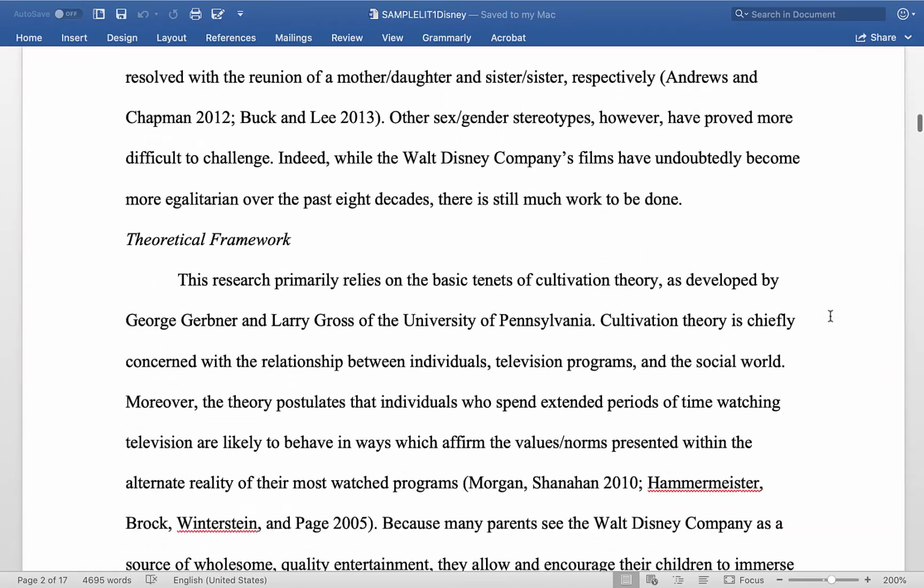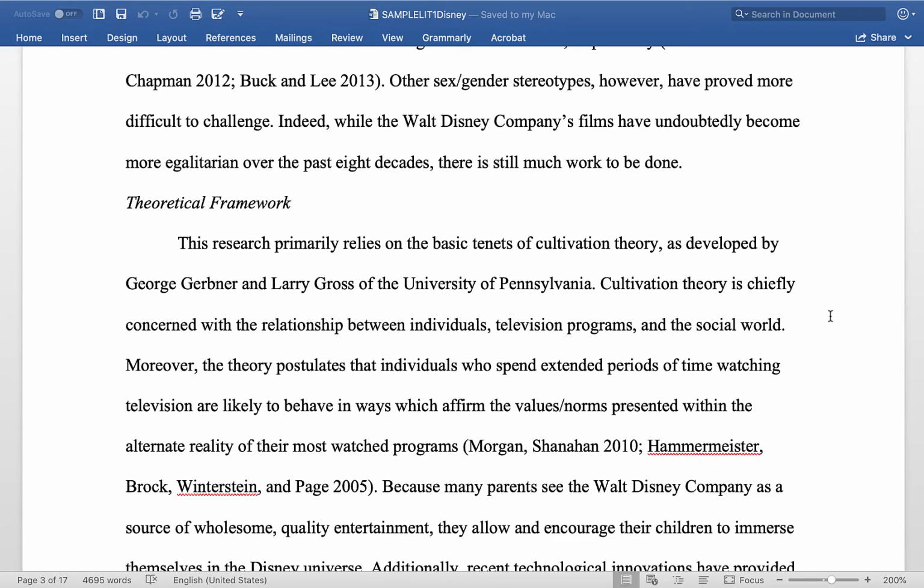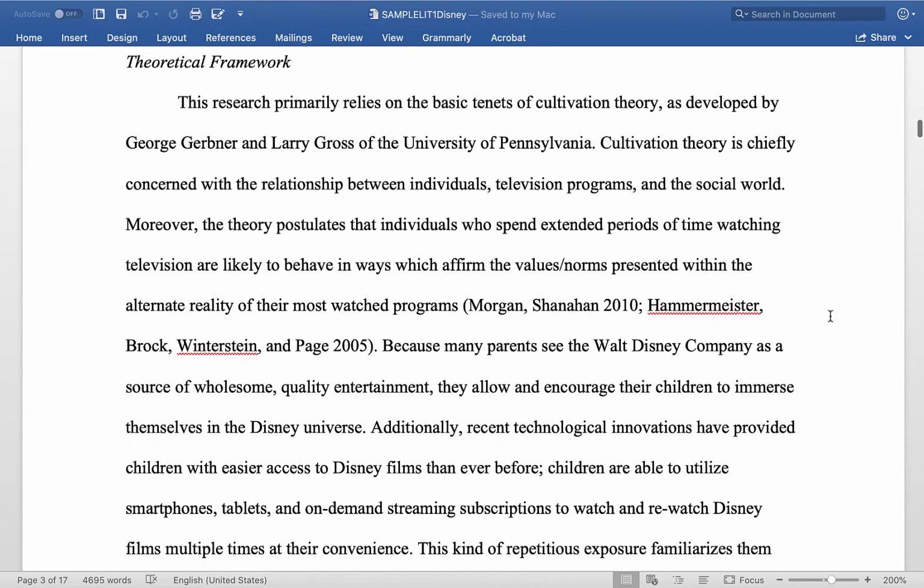Okay, let's start with theoretical framework. Not every research paper is going to have a theoretical framework, but this one does. So let's start there. This research primarily relies on the basic tenets of cultivation theory as developed by George Gerbner and Larry Gross. So that is telling me cultivation theory has different interpretations, and the one that's being used for the paper is this particular one, right?